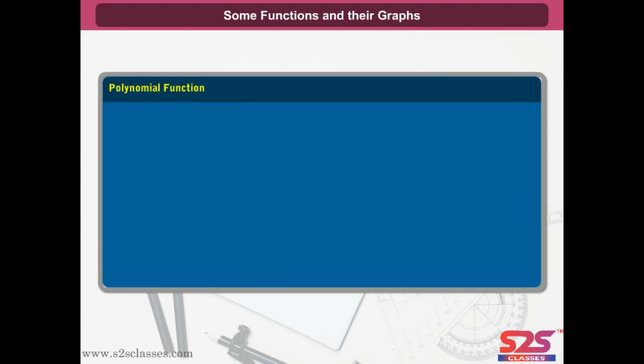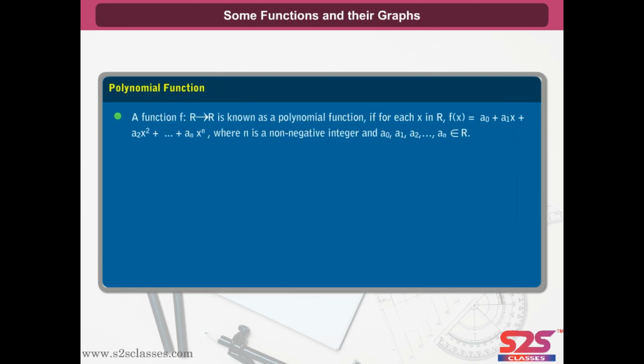Polynomial function. A function f of real numbers is known as a polynomial function if for each x in R, f(x) is equal to the series shown, where n is a non-negative integer and a0, a1, a2 up to an belongs to R.